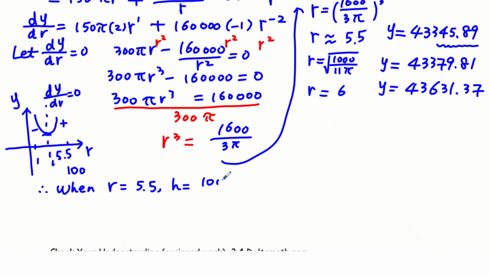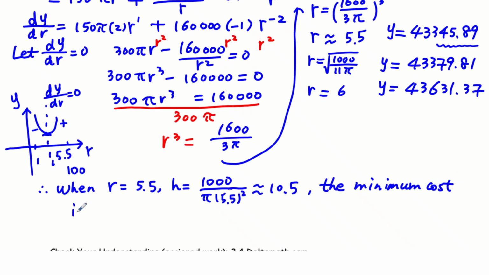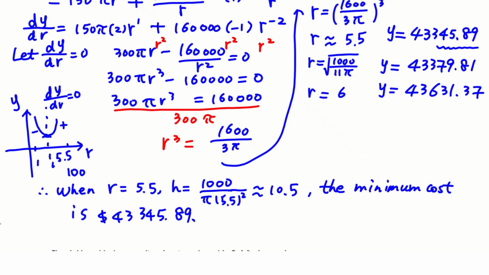So 1000 divided by pi r squared is approximately 10.5. The minimum cost is $43,345.89.